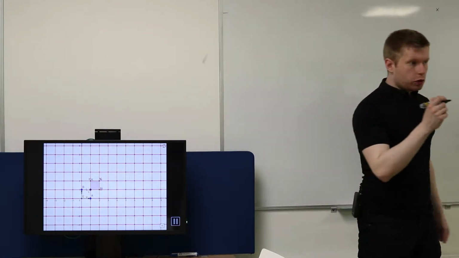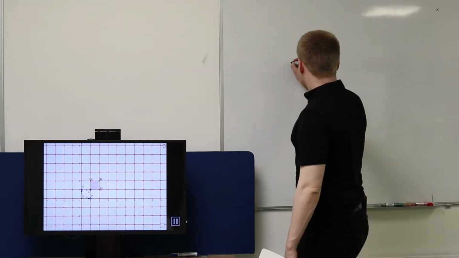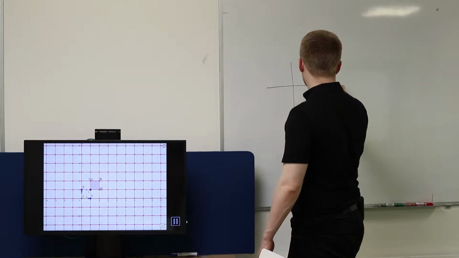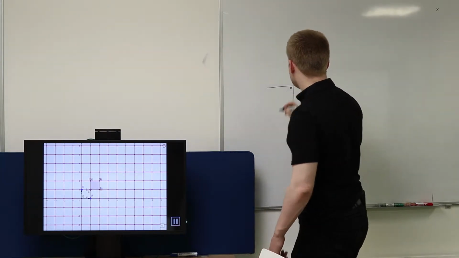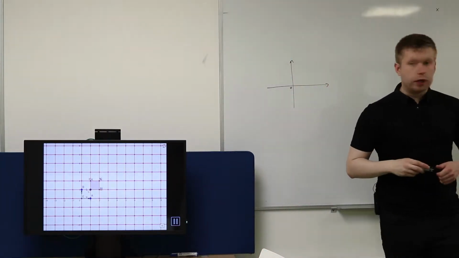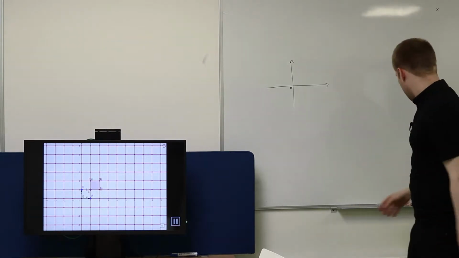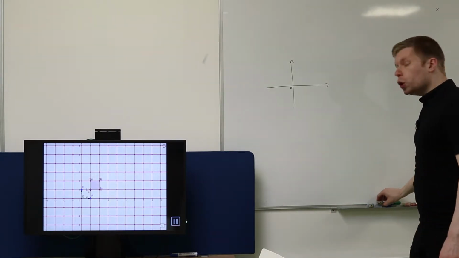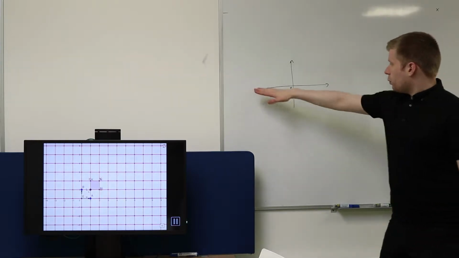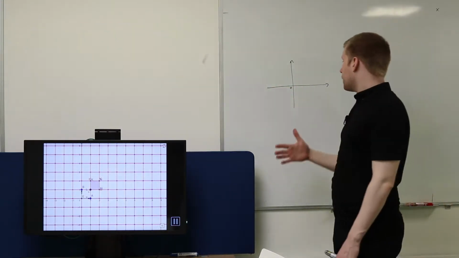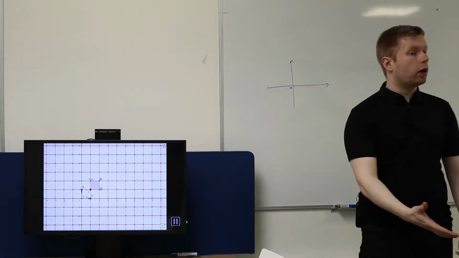So the way which I want you to understand this is by, first of all, drawing yourself a coordinate grid. Okay, so it's just a regular coordinate grid, because I think that's the best way to start. Now, by the way, we're only going to look at two-dimensional transformations, in other words, left and right and up and down. You can also apply this to forwards and backwards as well, okay?